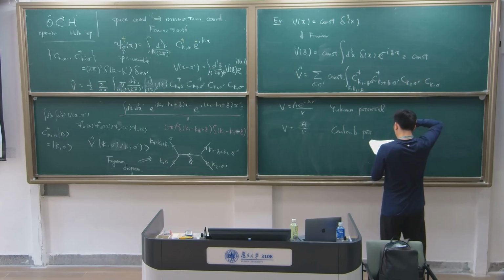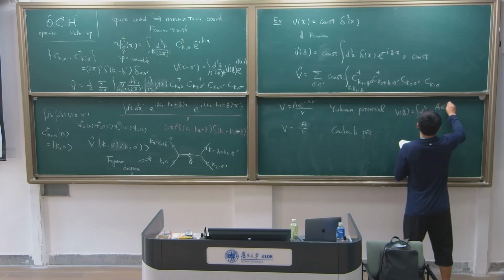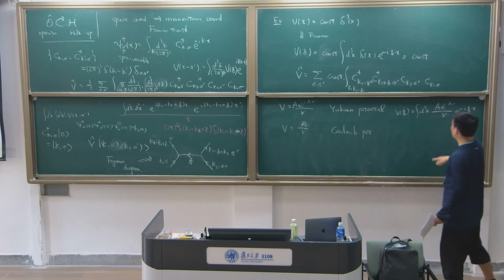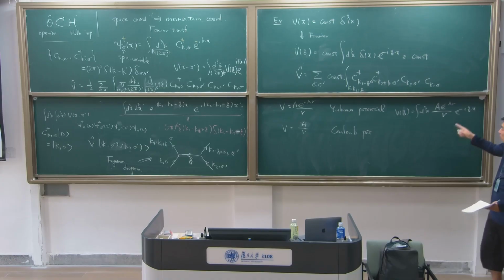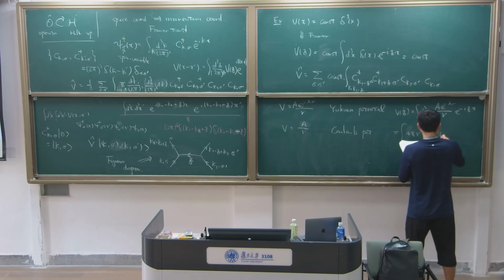If you do the Fourier transformation, this is just V of q equal to the integral of V of r times e to the minus i q dot x. Since r is a radial coordinate, we perform the integral in the radial coordinate. Then what you have is 4 pi r squared dr.